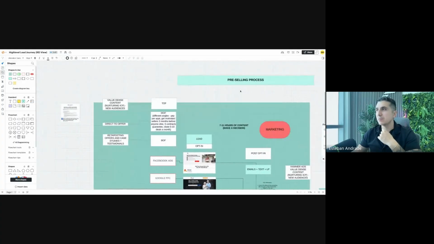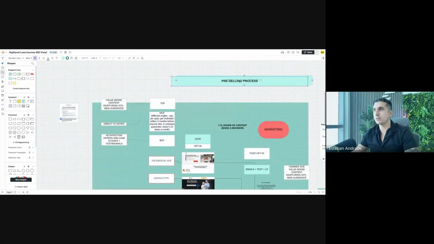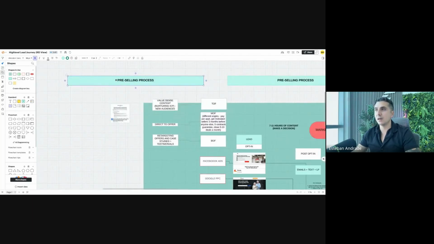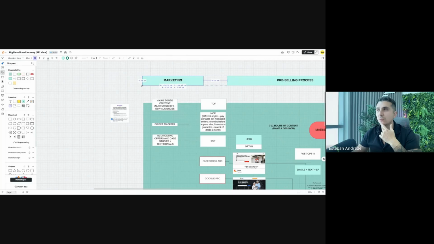So the pre-selling process contains a few parts. The pre-selling contains getting people that are completely unaware about your company, and then you market to them. You're gonna market to a few people that are just unaware that you exist, right? But they do have a level of awareness of a few things.